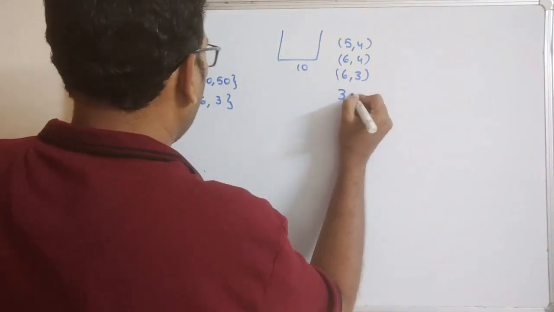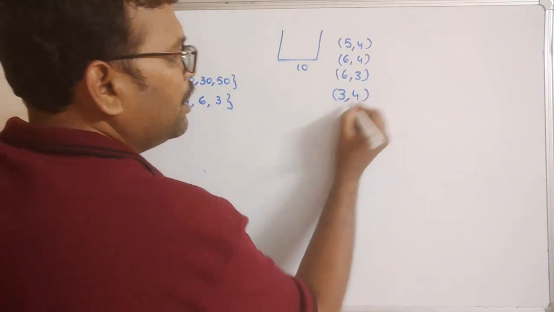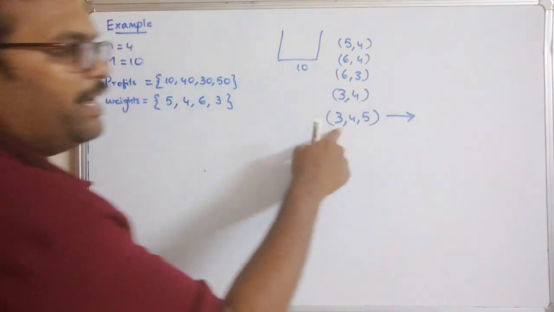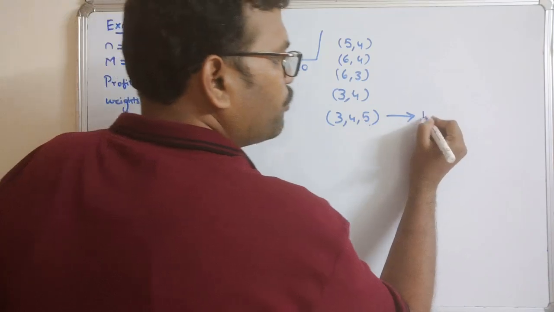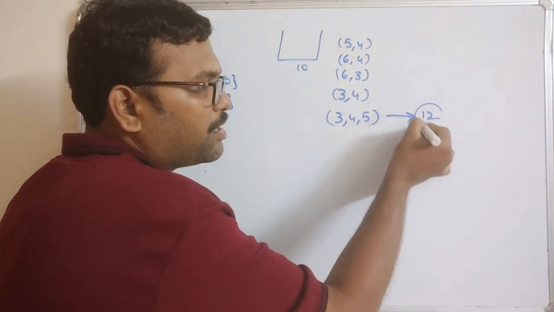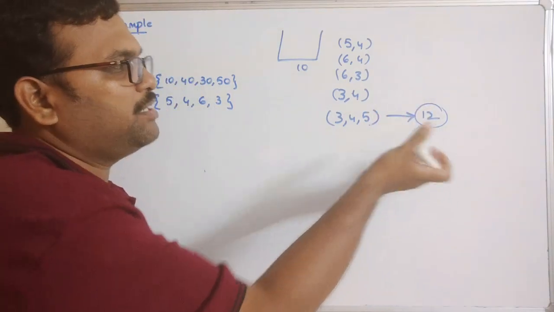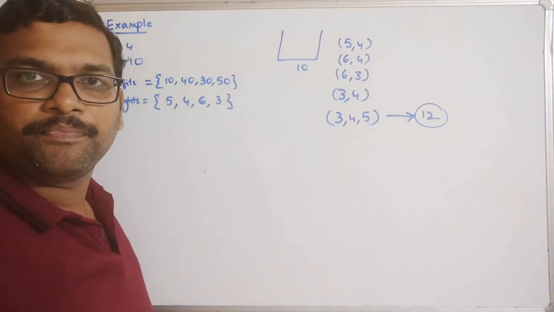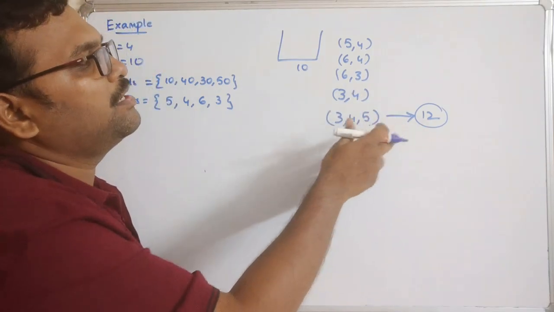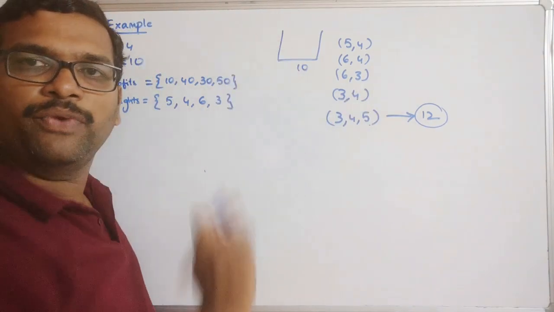Okay, similarly 3 and 4. For example, if you go with 3, 4, 5, what happens? The total weight becomes 7 plus 5, 12, which is beyond 10. So we can't insert objects of 12 kg weight into a 10 kg bag. That's the only logic, right? So we need to insert objects so that the total weight does not exceed the capacity.